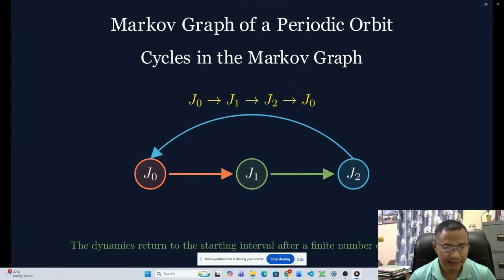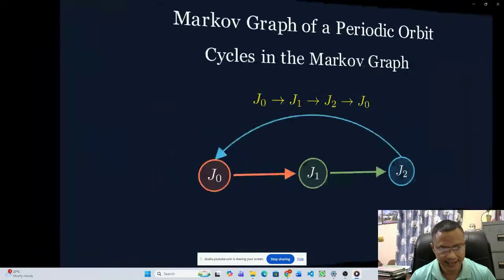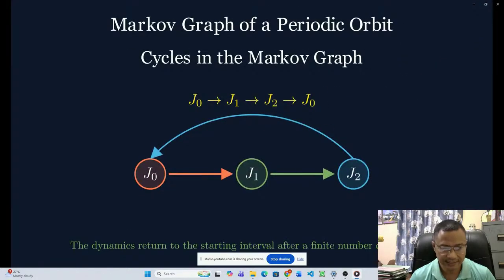In this example, the chain representation has 3 edges and 4 vertices. The vertex J0 appears twice, once in the beginning and once at the end. It shows the path is a closed path. It is a cycle of length 3. The graphical representation has 3 vertices and 3 edges. So it is a cycle of length 3.